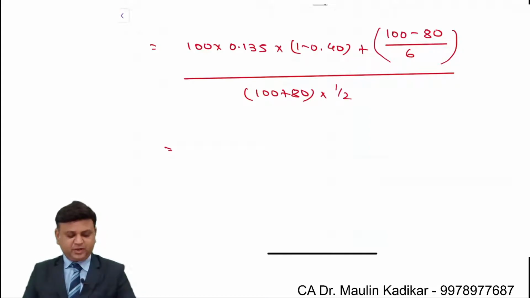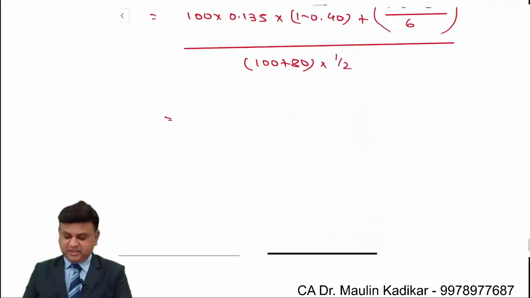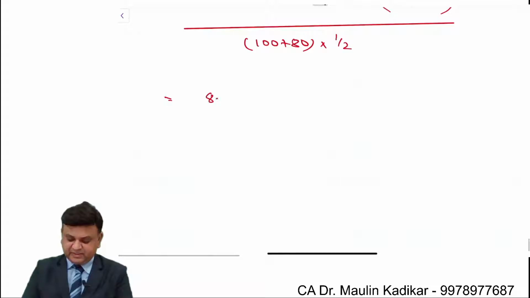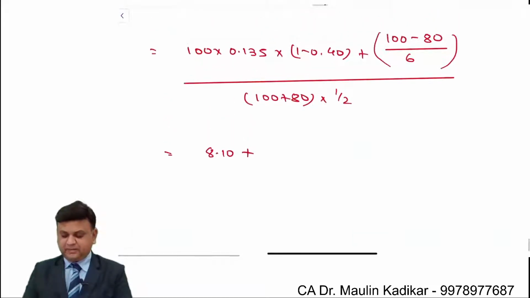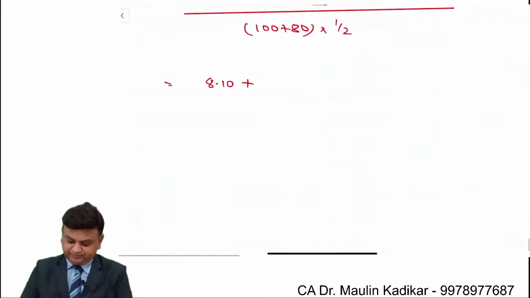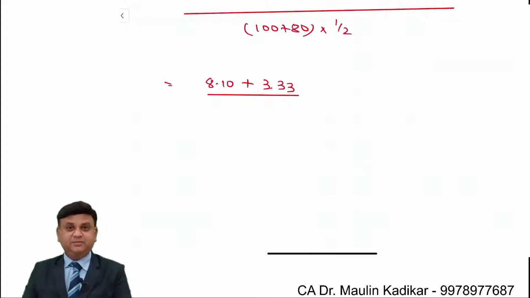So 100 into 0.135, that is 13.5, into 0.6, that comes to 8 rupees 10 paise, plus 100 minus 80, that comes to 20, 20 divided by 6, that is 3 rupees 33 paise, whole divided by the average of the redemption value and the amount received. So 100 plus 80, 180 into 1 by 2, that is 90.